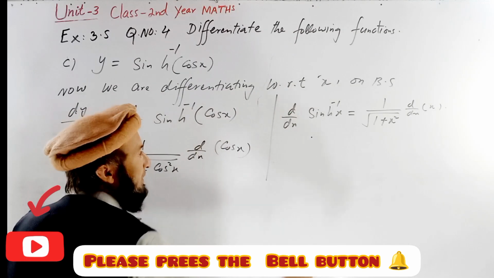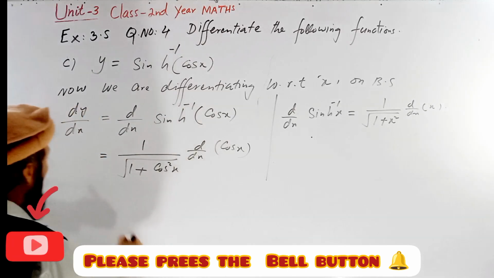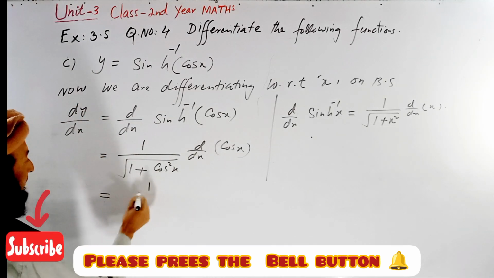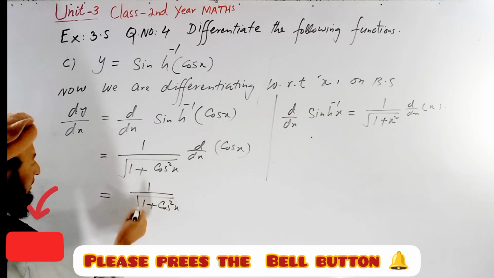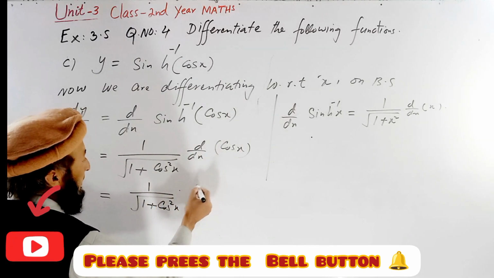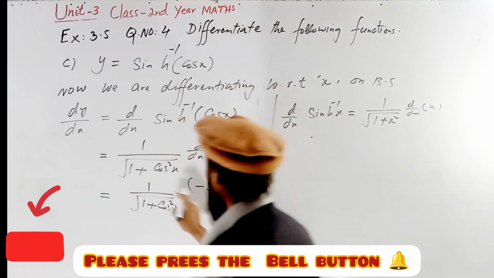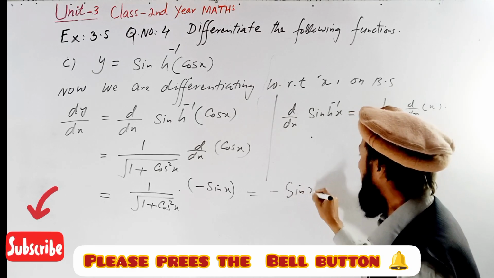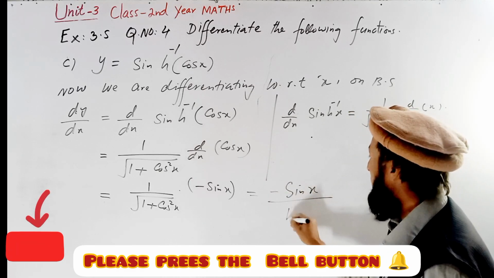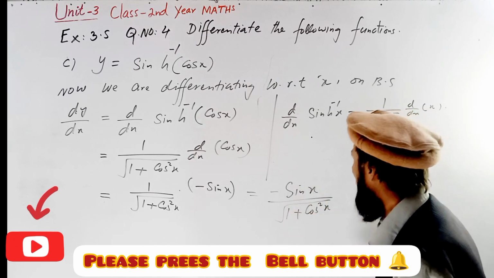Here in the place of x is cos x, so we put 1 divided by the square root of 1 plus cos squared x, and further the derivative of cos x, because in the place of x, cos x is used. The derivative of cos x is minus sin x. Now minus sin x multiplied by 1, so we get minus sin x divided by the square root of 1 plus cos squared x.